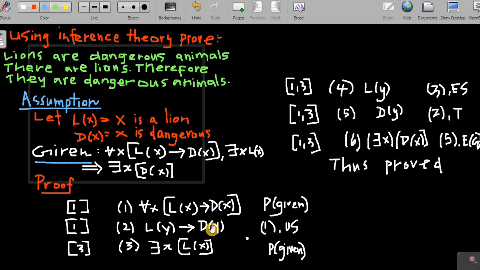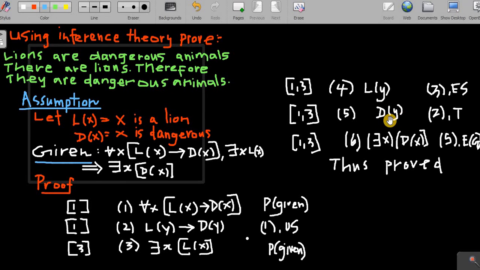So if you use that rule on step number 2, L of y implies D of y, and with L of y, you will get D of y. So apply that logical inference rule or logical tautology, you will get D of y. From step number 2, using the tautological inference formula, I get the fifth step as D of y.